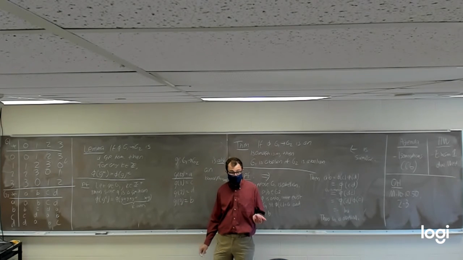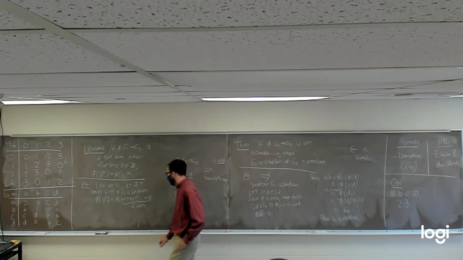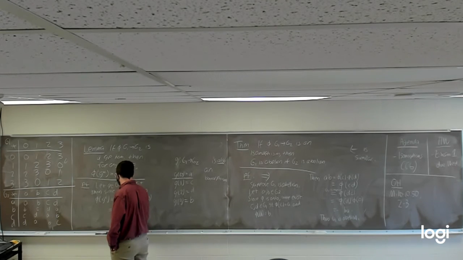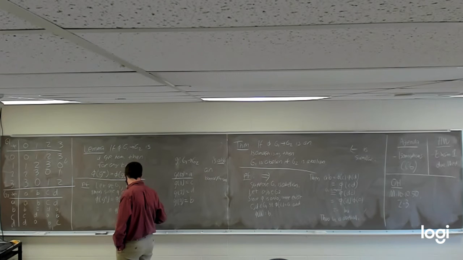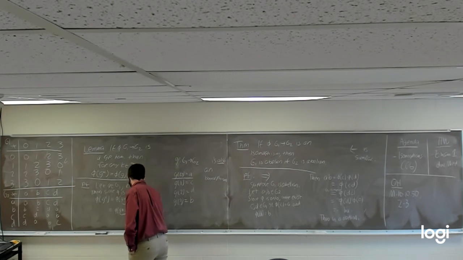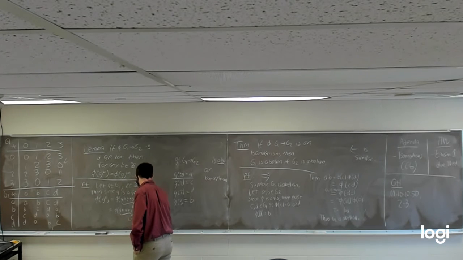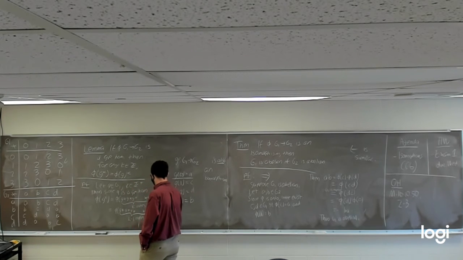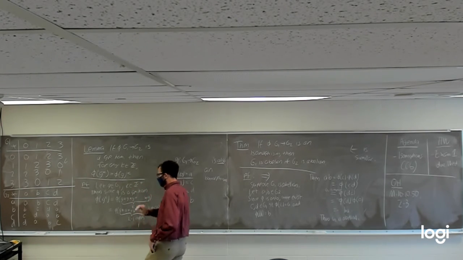Using the fact that phi is a homomorphism, we can split this up into phi of g star g star g, k minus 1 copies, times phi of g.